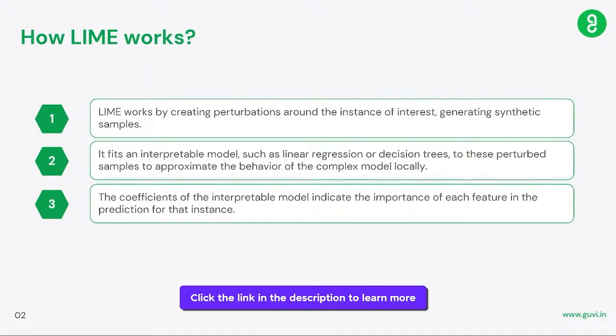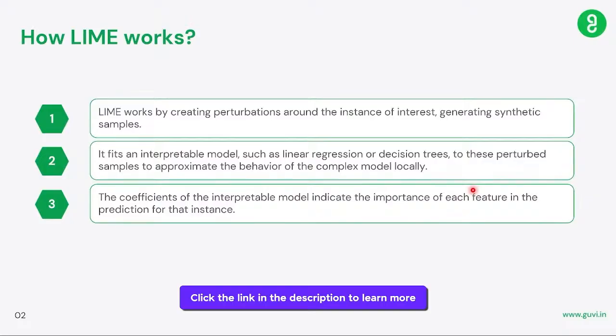How does LIME operate? It operates by creating instances of interest, essentially generating synthetic samples that are similar to the original instance but with slight variations. This helps in understanding how the model predictions change with changes in the input features.